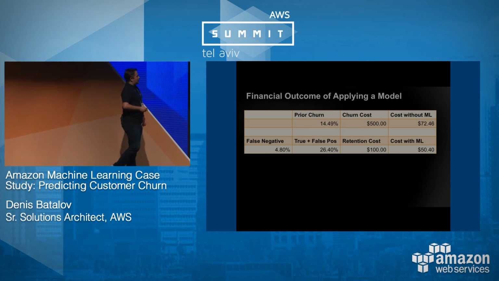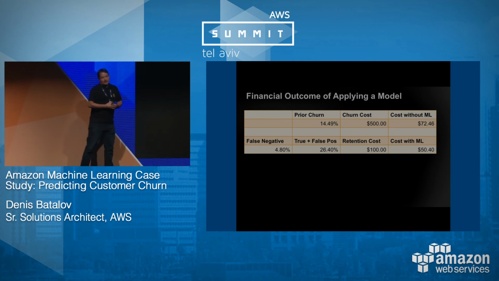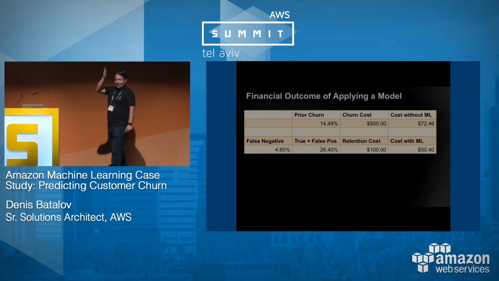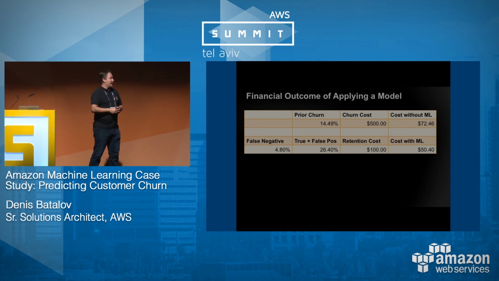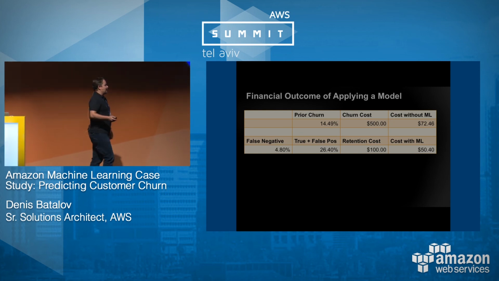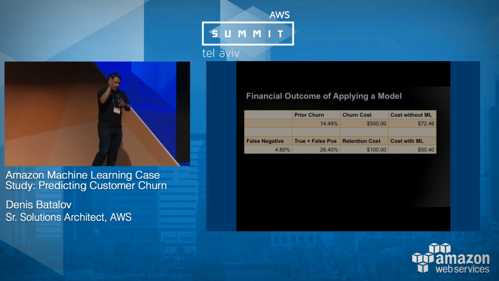Then I can say that with a particular position of a threshold in my graph and the particular relative percentage of false positive and false negative errors, right, the cost that I will get per customer is going to be different depending on where the threshold is.